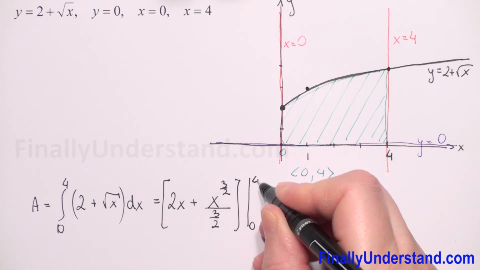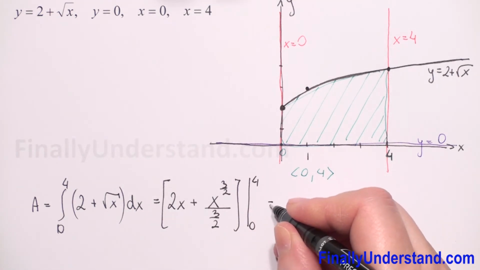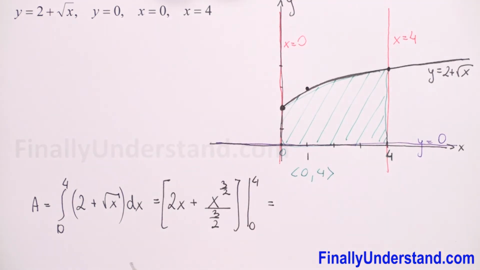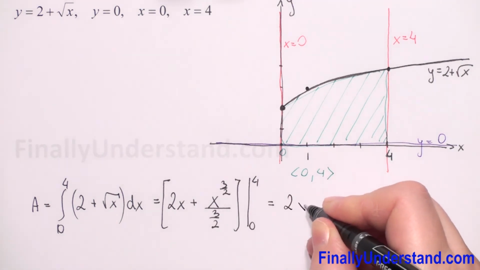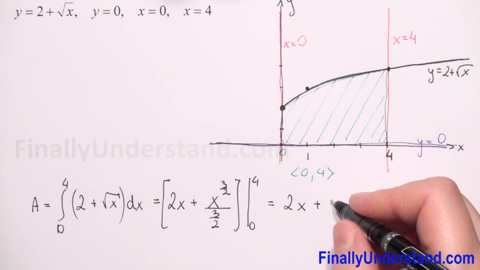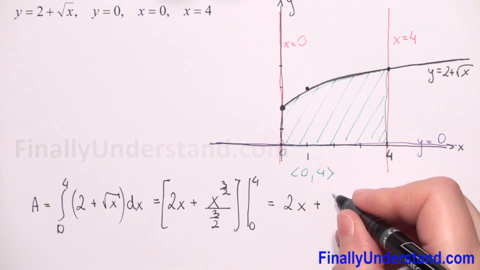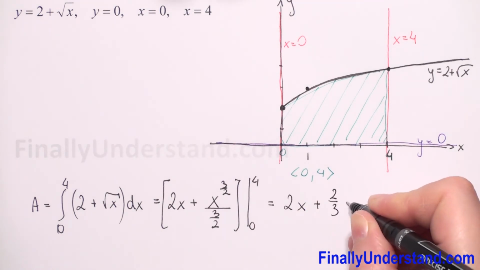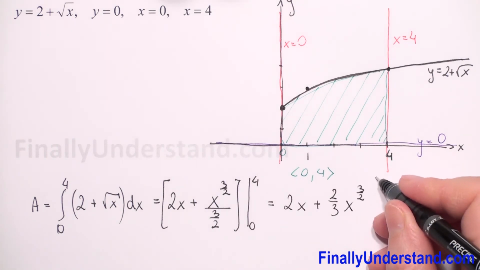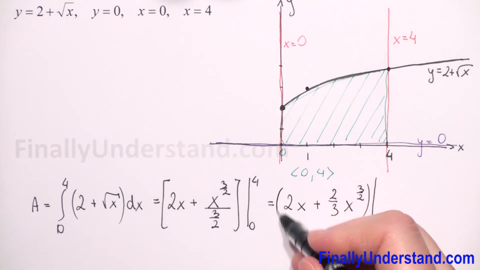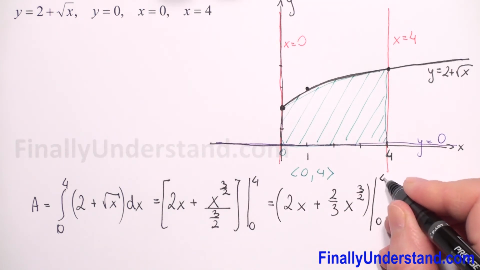So we have to plug in the limits of integration. Now we will rewrite our expression. We have 2x plus, with 3 over 2 in the denominator, it will be 2 over 3 x to the power 3 over 2. And limits of integration from 0 to 4.